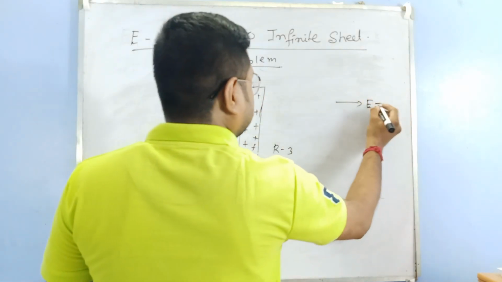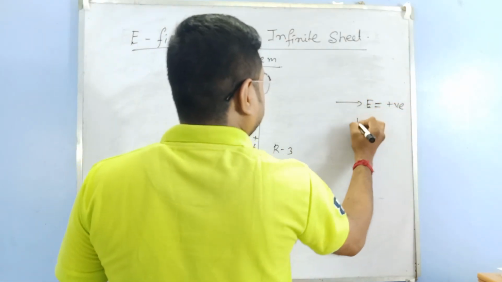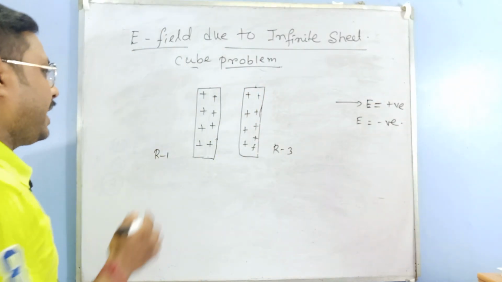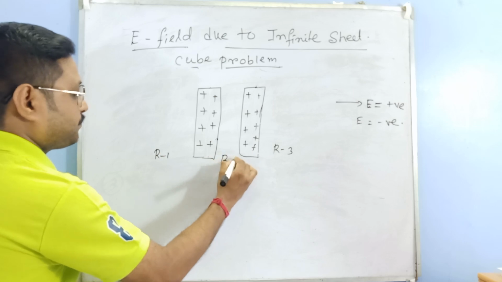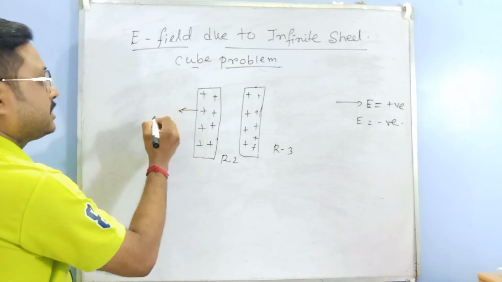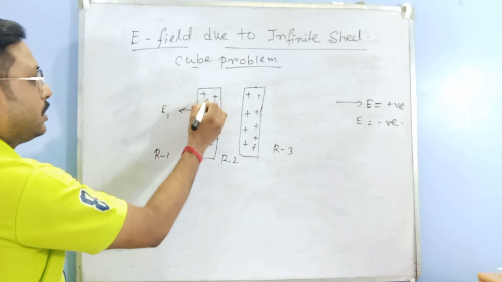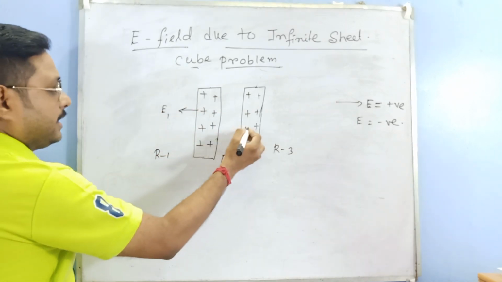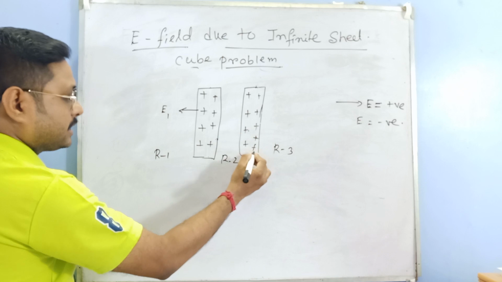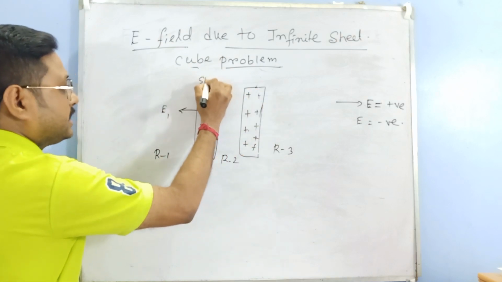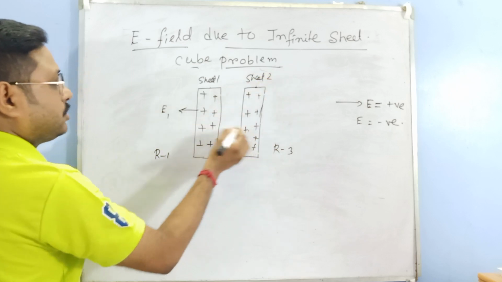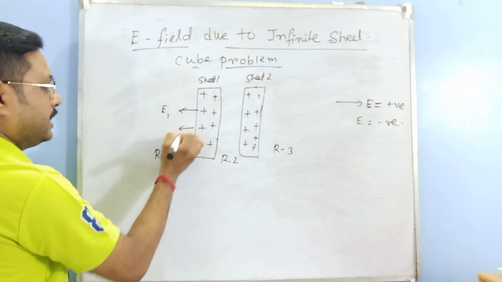For the electric field on the right side it is taken as positive, and the electric field on the left side is taken as negative. Now as this is positively charged, the direction of the electric field due to sheet 1, E1, is along the left side, and the direction of the electric field due to sheet 2 is also on the left side.